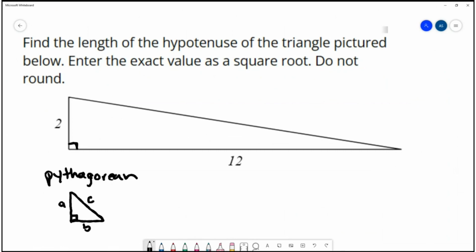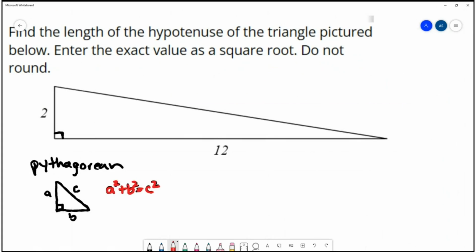And then Pythagorean theorem relates the sides of the triangle to each other. In this way, a squared plus b squared equals c squared. So we have the squares of each leg added up equal to the square of the hypotenuse. So in our picture, this side here is the hypotenuse, which is our longest side, and that's our missing side.